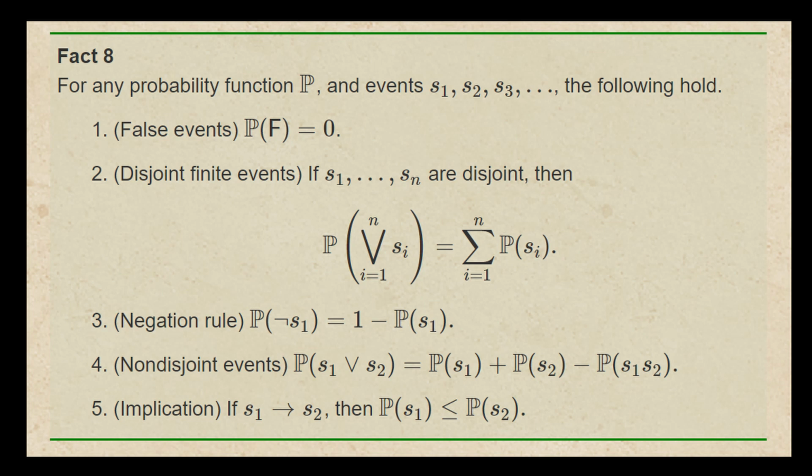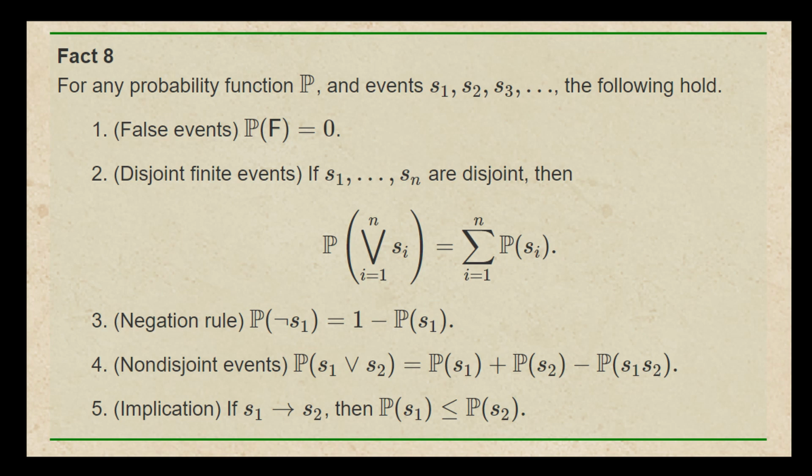First, the probability of a false statement is always 0. If S sub 1 up through S sub n are a finite set of disjoint events, then the probability that exactly one of those events occurs is the sum of the individual probabilities that the event occurs. The negation rule says that the probability of the negation of an event is 1 minus the probability of that event.